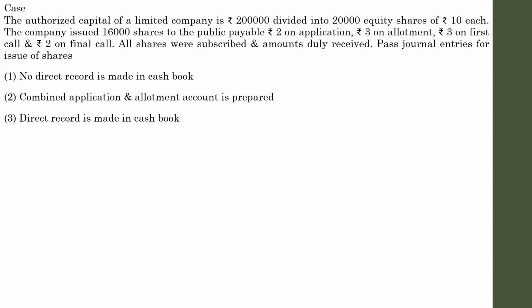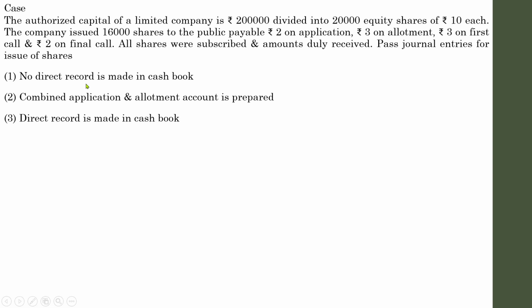You can write the cash transaction in the form of journal. That is the first method itself. That means you have to write down all the journal entries in the journal book, all the cash entries as well as the due entries. Don't worry about the cash book because it is mentioned that no direct record is made.